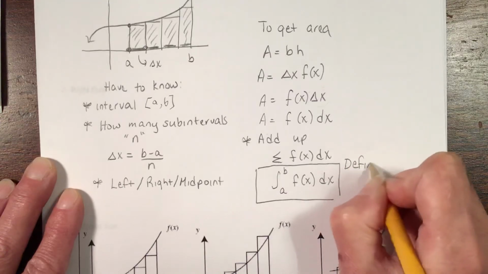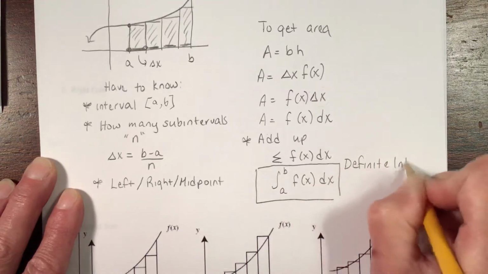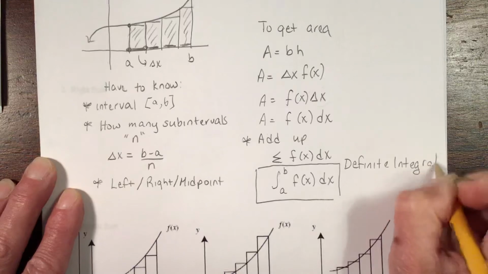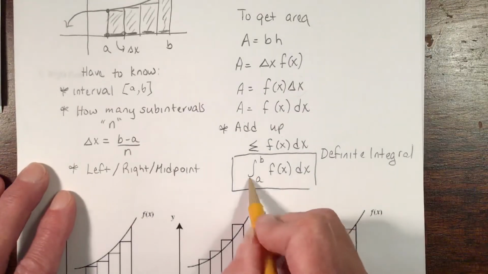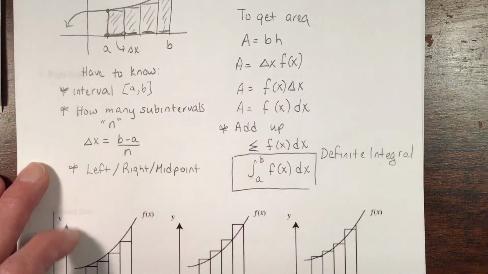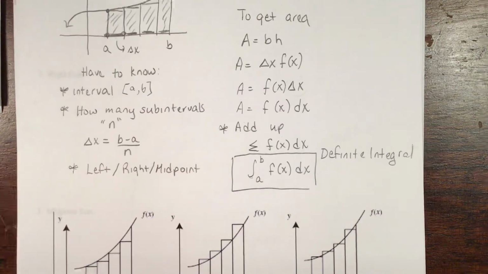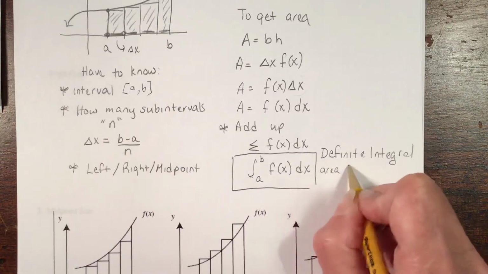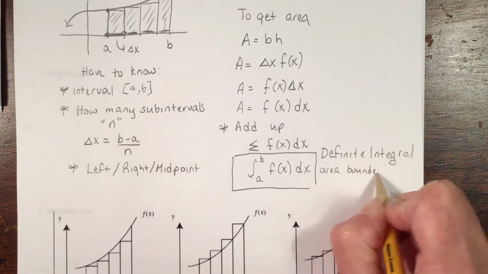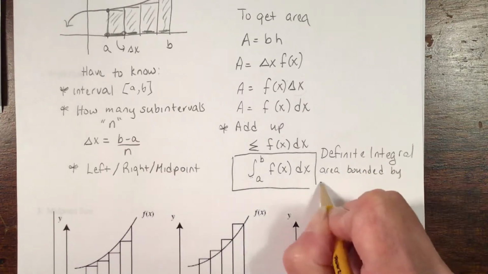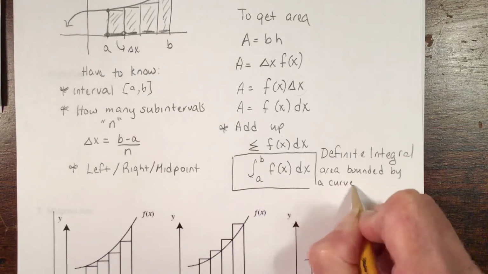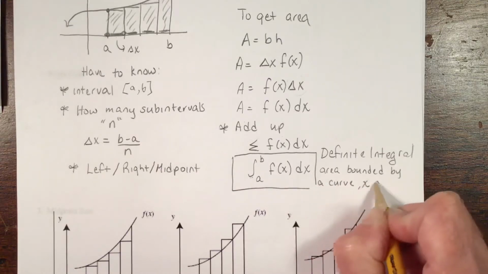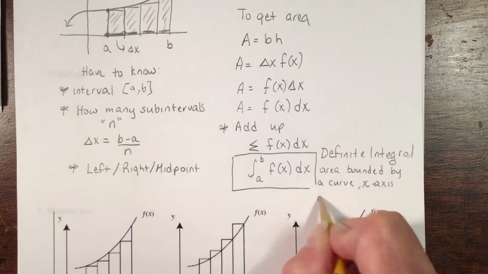This is called a definite integral. Kind of looks familiar to the other day, right? This also means the antiderivative. So there's going to be a connection there, which we're going to see over the next couple of days. And this is the area bounded by the curve and the x-axis on a given interval.